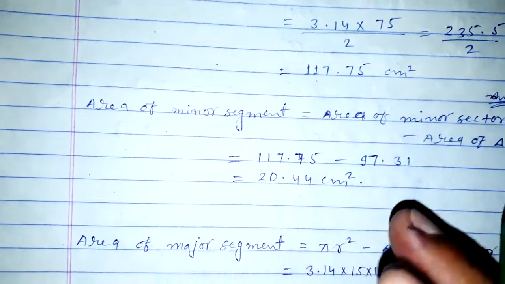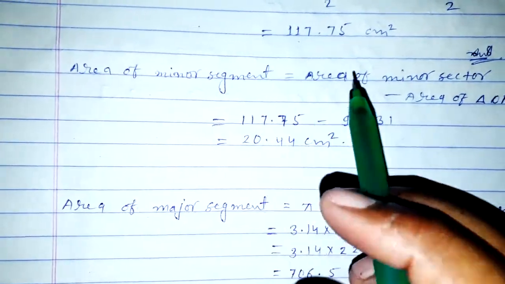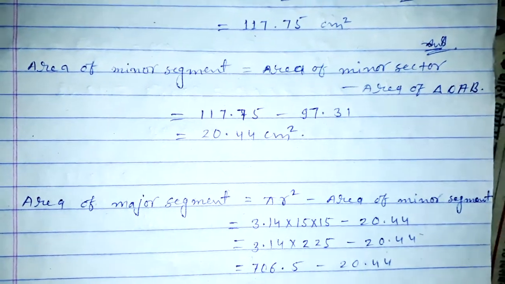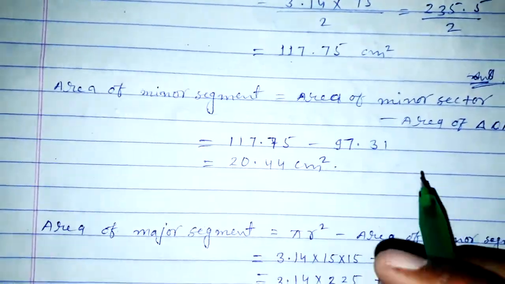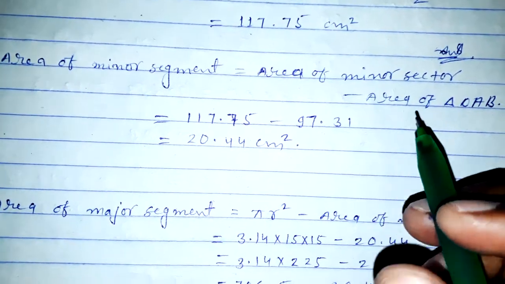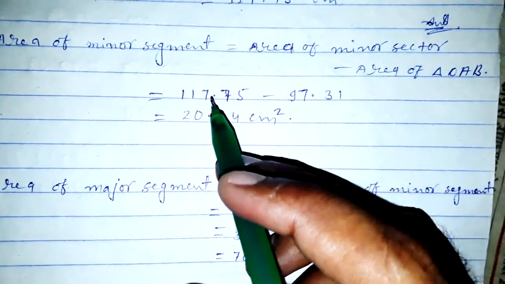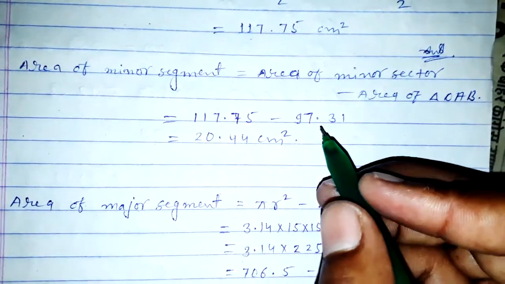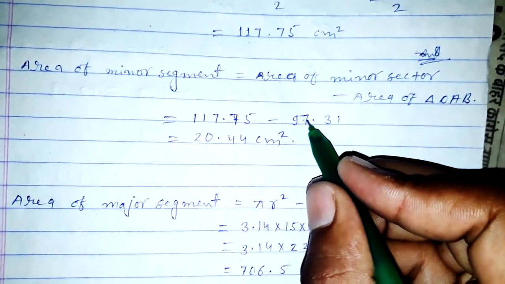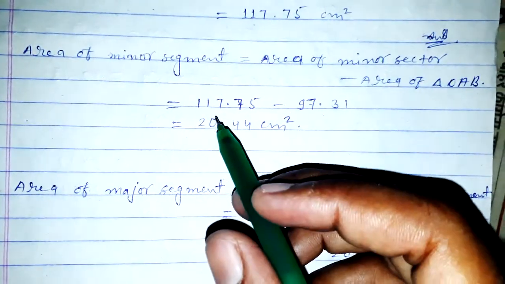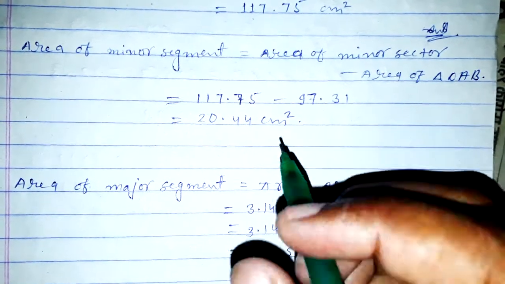117.75 centimeter square. So area of minor segment is equal to, this formula also discussed, area of minor sector minus area of triangle OAB. So area of minor sector, this area put here, and this is in previous page, 97.31 minus, subtract here, so 20.44 centimeter square.